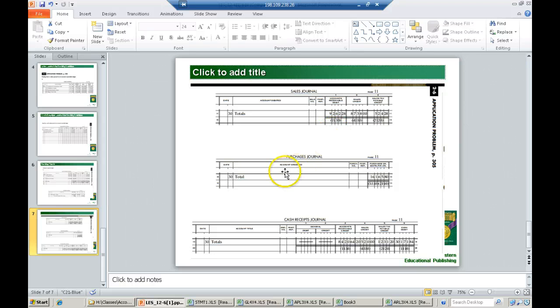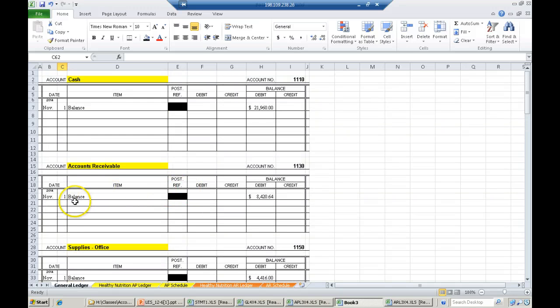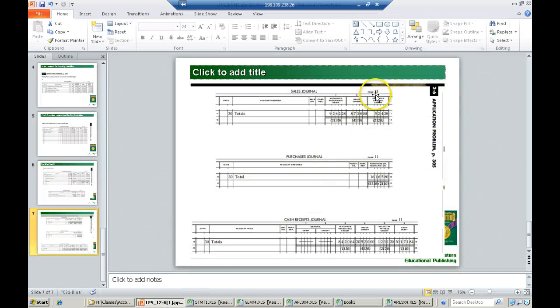So let's go to our sales. Actually, let's go to our accounts receivable debit. Accounts receivable is an asset, so it's going to be near the top. And we're going to put the 30th. It's coming from sales journal, page 11, which again is right up here.